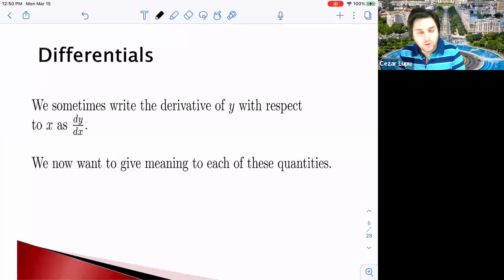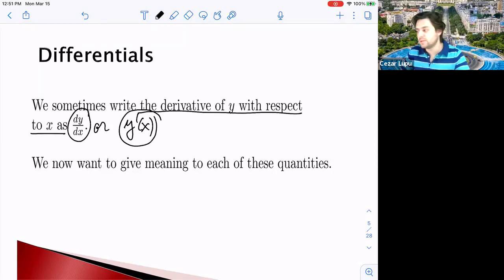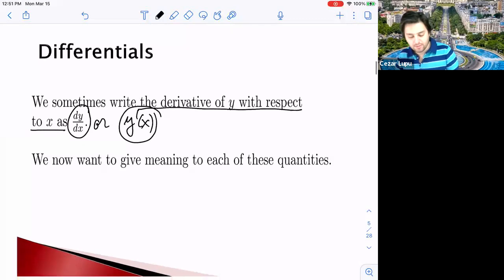As you have noticed so far, sometimes we write the derivative of y with respect to x as dy over dx, or y prime of x, remember? So that's how we write the derivative of y with respect to x. We would like to see what is the meaning of these quantities, and we would like to describe this in terms of linear approximations.